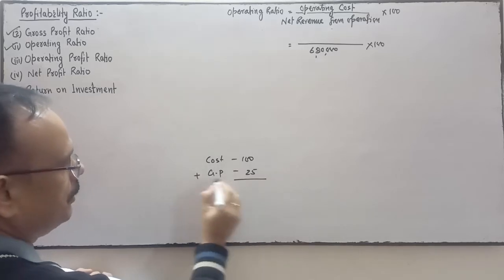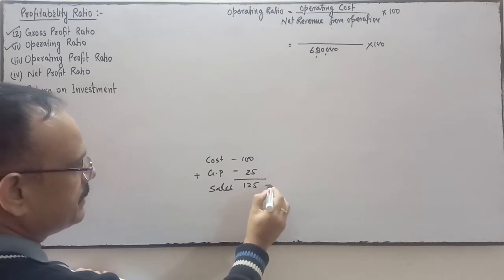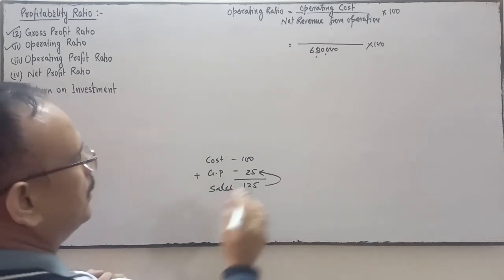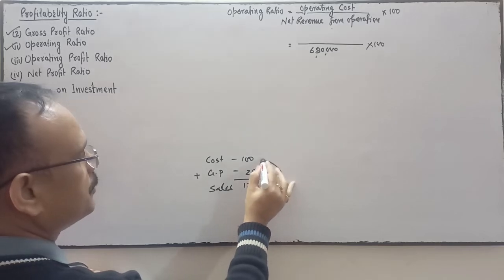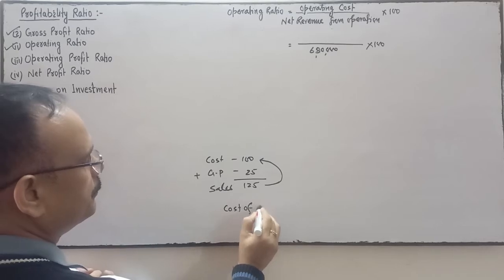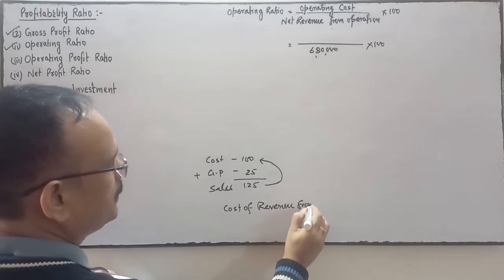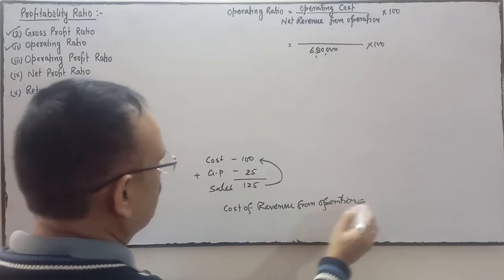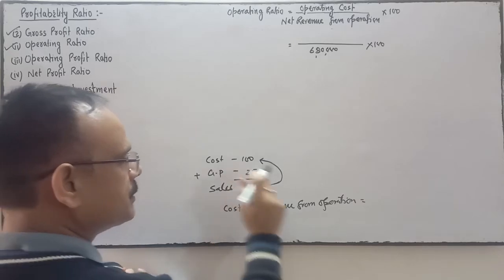So GP plus cost indicates sales. When the sales is 125, cost is 100.